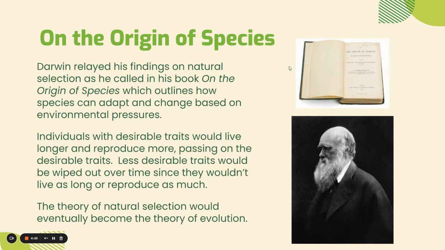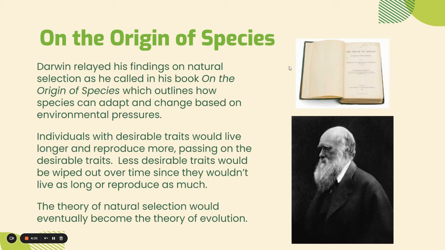He ended up relaying his findings on natural selection, as he called it, in his book On the Origin of Species, which outlines how species adapt and change based on environmental pressures. Things that are happening around them change how they need to survive so they can continue to survive and reproduce.